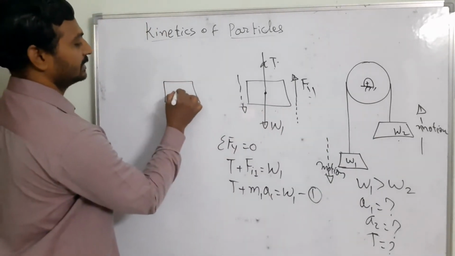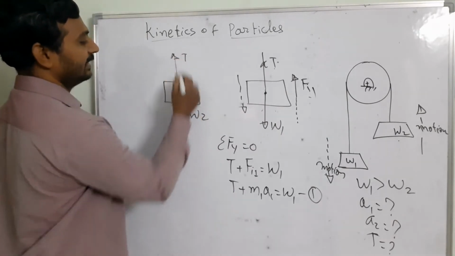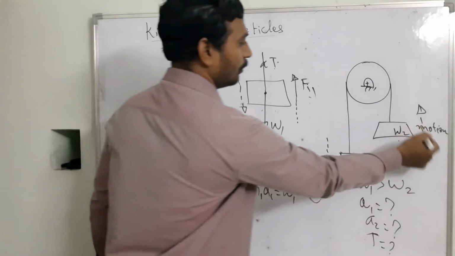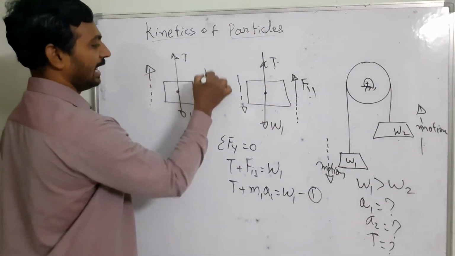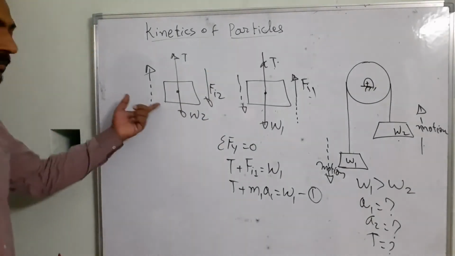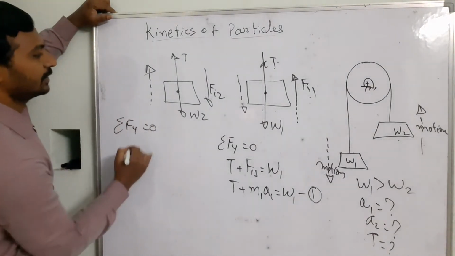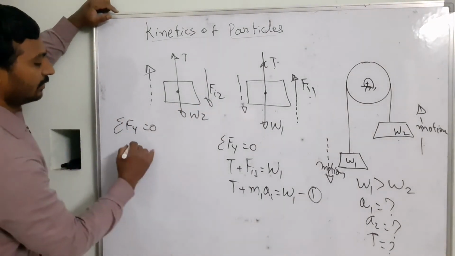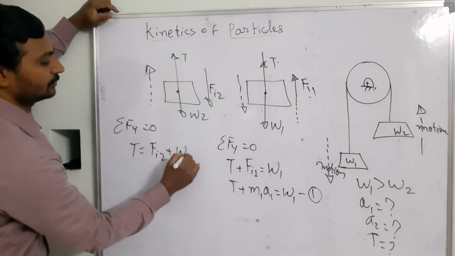The self weight is acting in the downward direction, the tension is acting in the upward direction, but the motion is going to be in the upward direction for this part. This is your motion and the inertia force is going to be acting in the downward direction. And similarly for this also I am going to take sigma Fy is equal to 0. Then these two forces are in the downward direction, so T is equal to Fi2 plus W2.